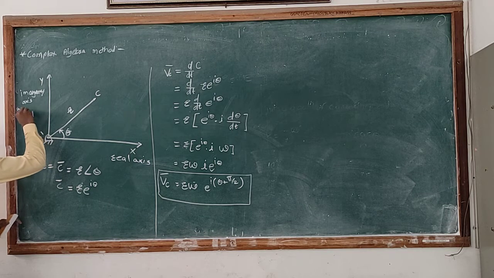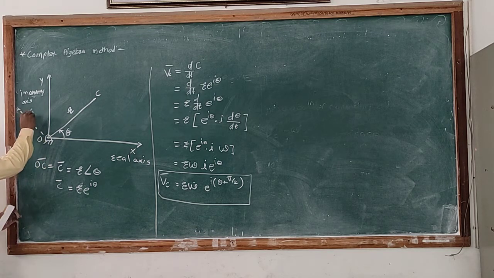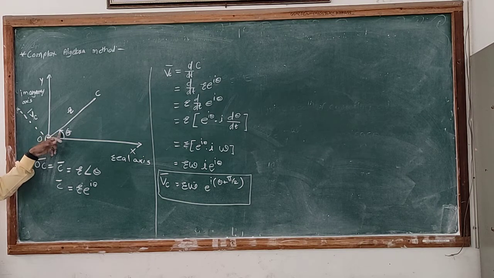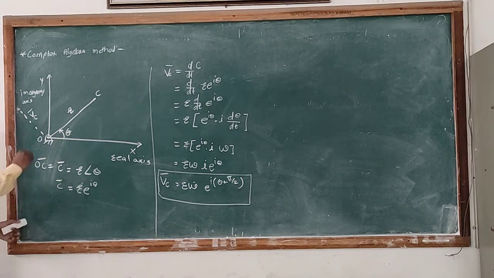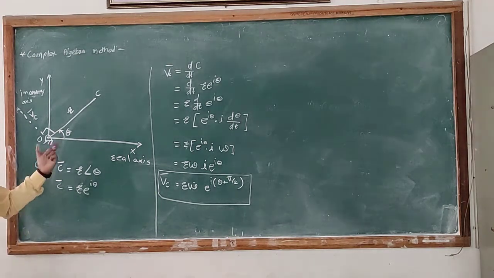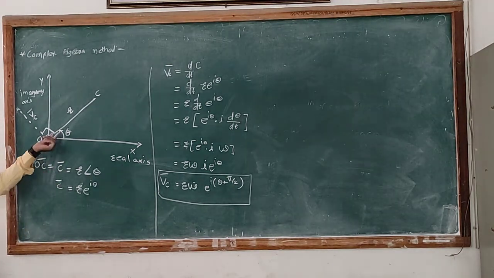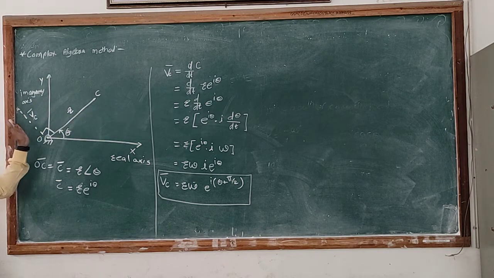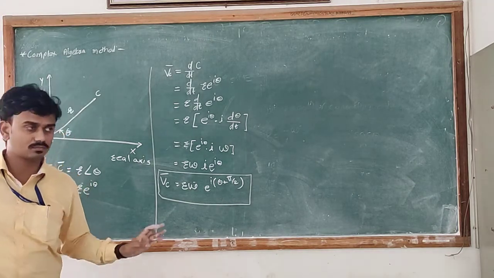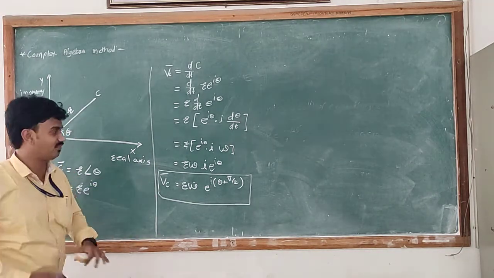This is the VC bar, and the angle between the velocity vector and the position vector is 90 degrees, on this side, not this side. Okay, so this is the velocity of the link in complex algebra form.